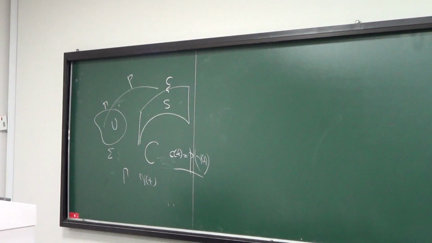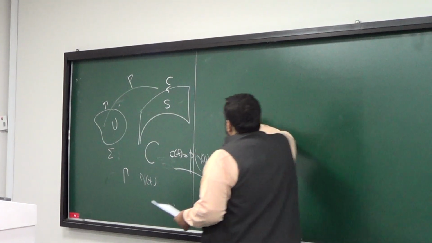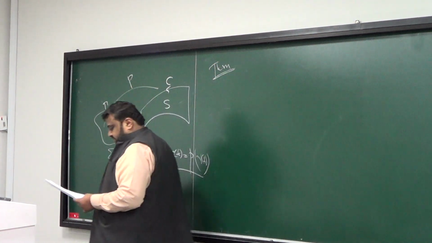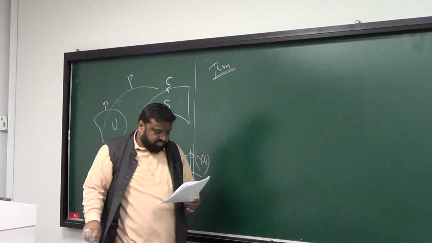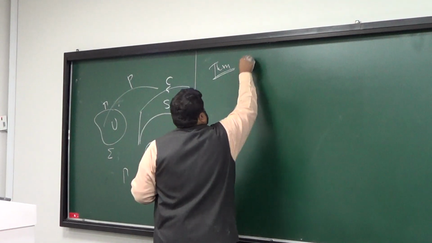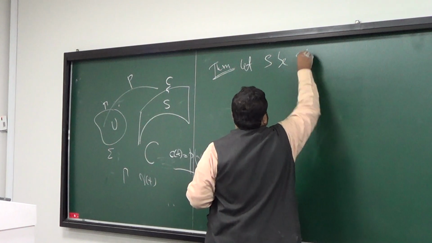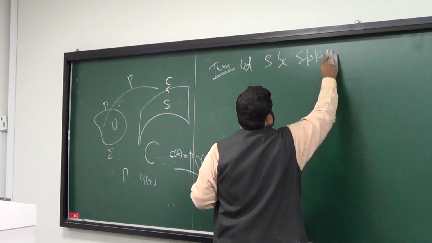So see, this is what you do in mathematics. When you have to say something interesting, intuitively this is a simple idea, but when you have to say it, you have to say it very carefully. Okay? So here's a theorem. Let S be a Stokes surface.